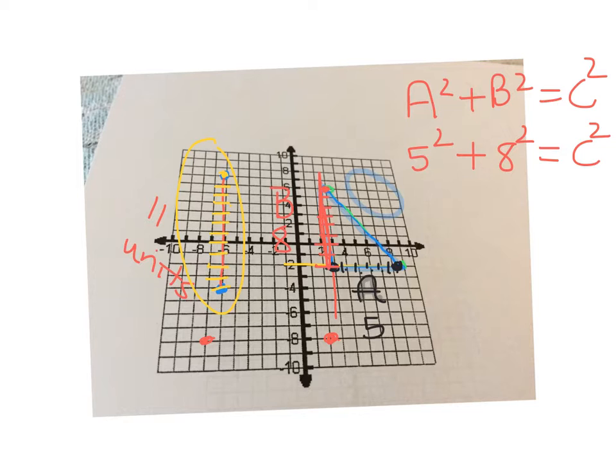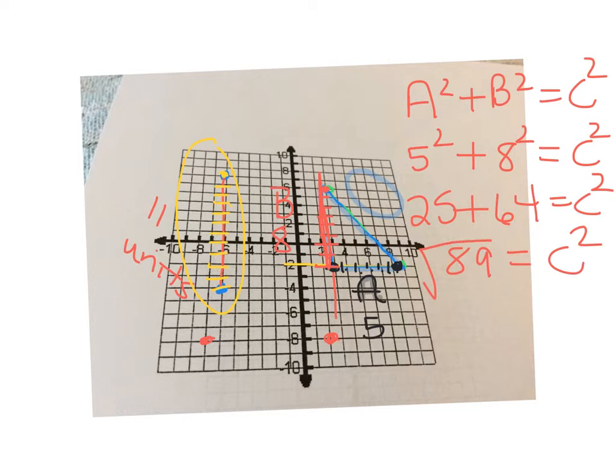So 5 squared is 25, 8 squared is 64, equals c squared. 25 and 64 is 89 equals c squared. And the last step always of the Pythagorean theorem is we take the square root, and unless you're told otherwise, we're going to round to the nearest tenth. I should have told you, you'll need a calculator here.